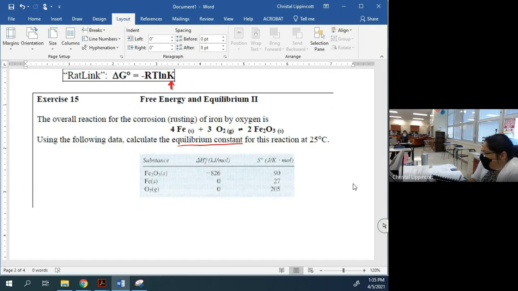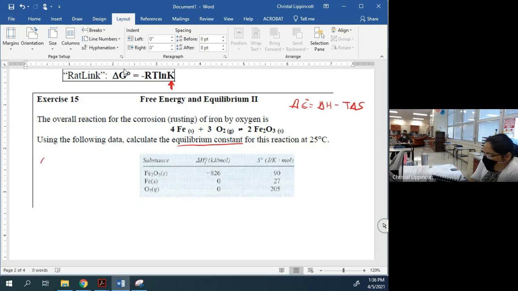You've got to calculate your delta G from that using delta G equals delta H minus T delta S. So you've got to do that first. And then once you have your delta G prime from that, then you can stick it into all these other spots. So see if you can come up with your delta G here and calculate that.